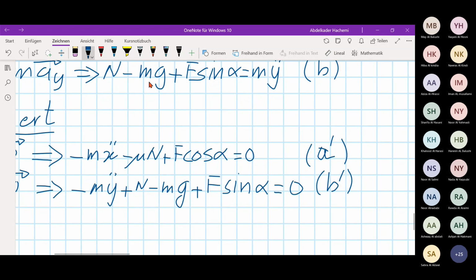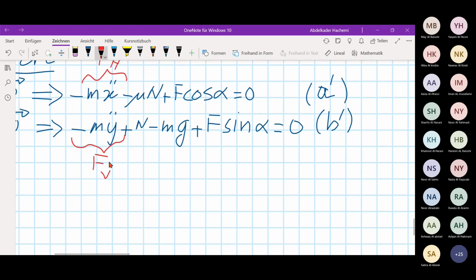To summarize, this term is only F_H, I call it H, and this term here is F_V, which are the D'Alembert inertia forces in horizontal direction and in the vertical direction.